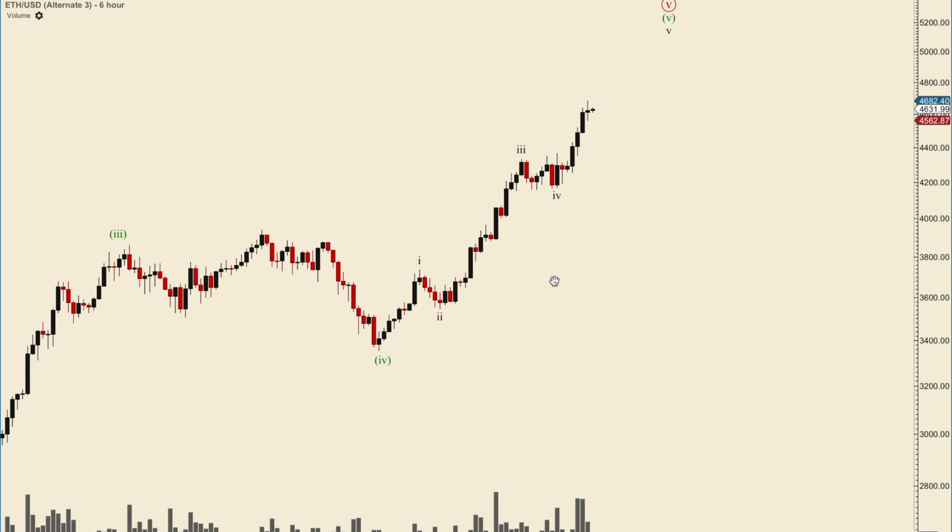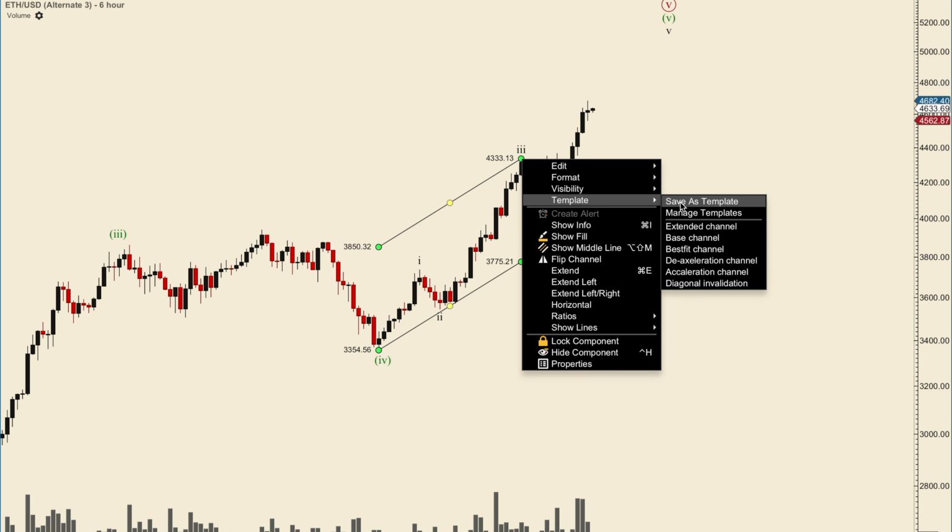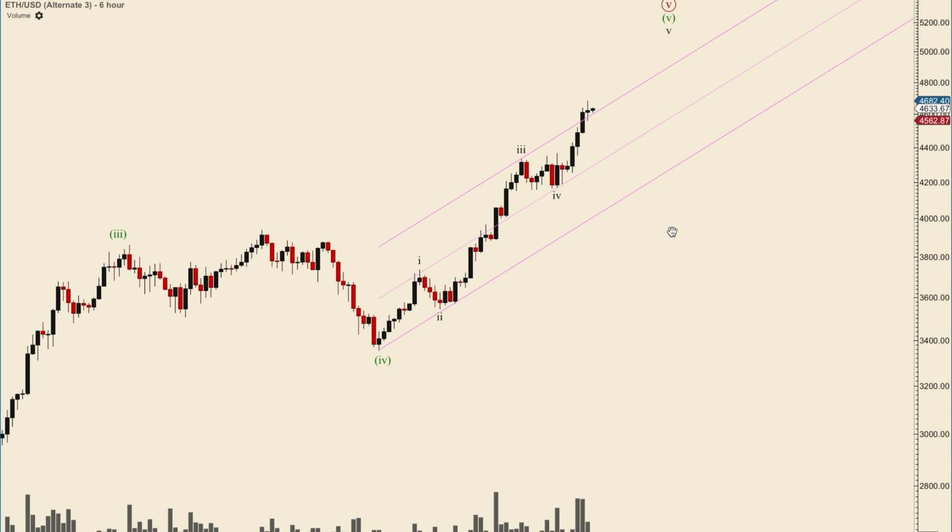And also it helps to have this in a channel, because if you channel this, you can see if we break this channel, you can basically see if it's over or not. So this is a best fit channel, and you can see here that it broke out of the best fit channel.